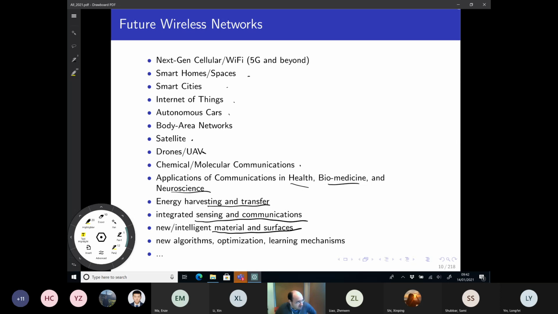When you build your house with bricks, those bricks will already be fused with some kind of antennas, if you like, so that the whole wall can act as a form of intelligent surface that would be able to control the wireless channels and the propagation. And lots of new algorithms, optimization, and machine learning techniques are also used for wireless communication in order to improve the design of the network.